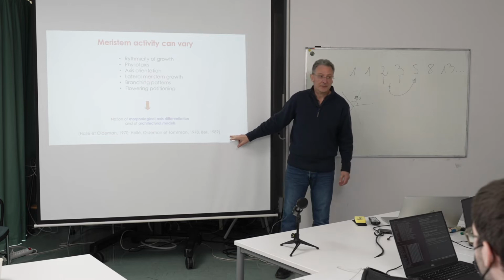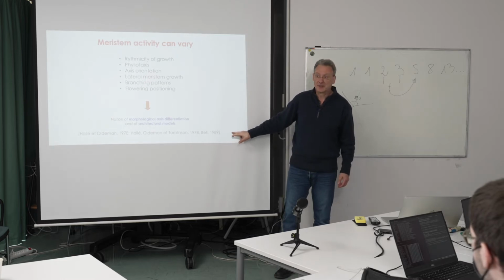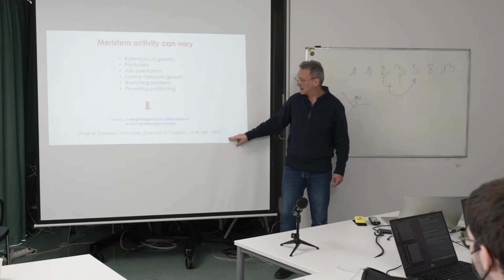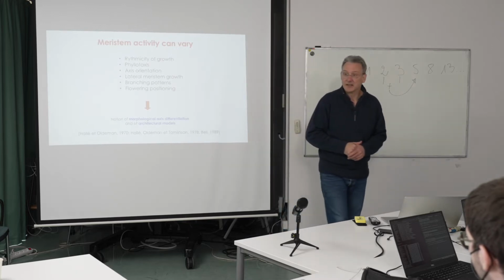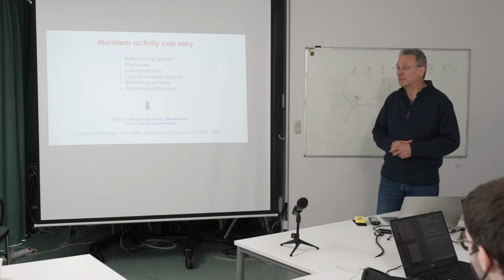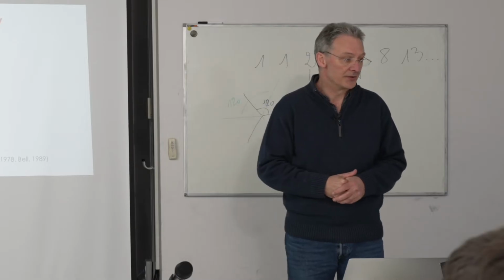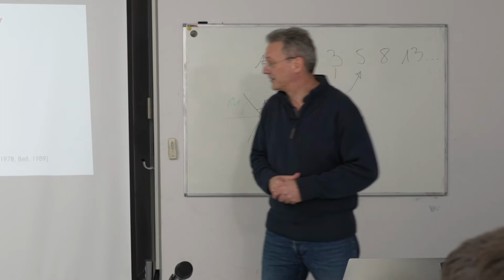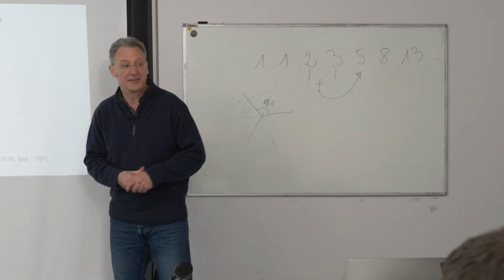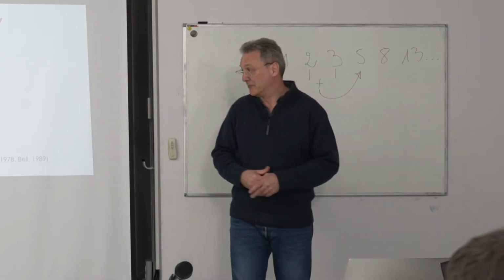In trees, this has been very much studied, especially in the tropical forest, by Francis Hallé, Oldeman, and Tomlinson, who were botanists active in the 60s and the 70s, and even after.